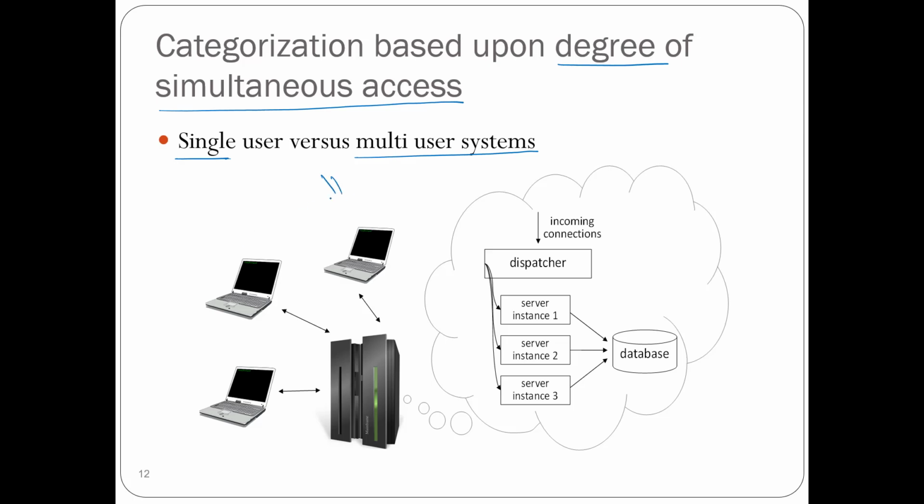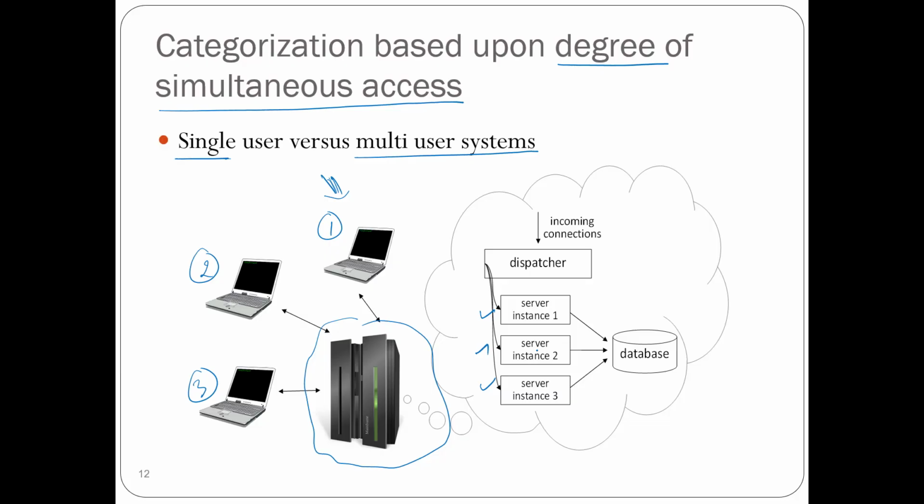In this picture, you are looking at a multi-user DBMS system where you can mark it like 1, 2, 3. There are 3 users shown by 3 computers. They are accessing the DBMS, right? So here we have the database management system, and in this picture the DBMS has 3 servers: server instance 1, server instance 2, and server instance 3.